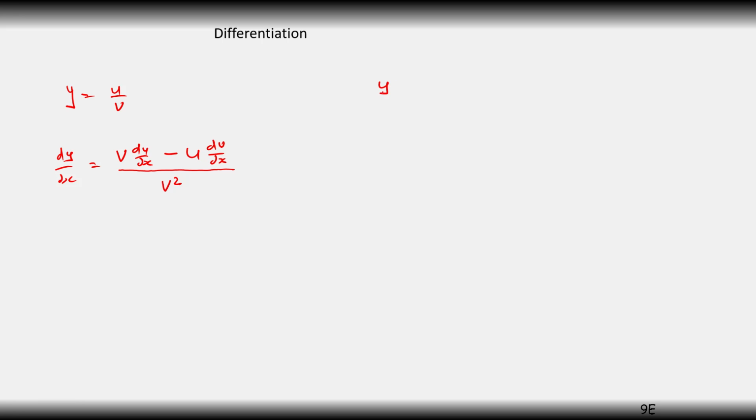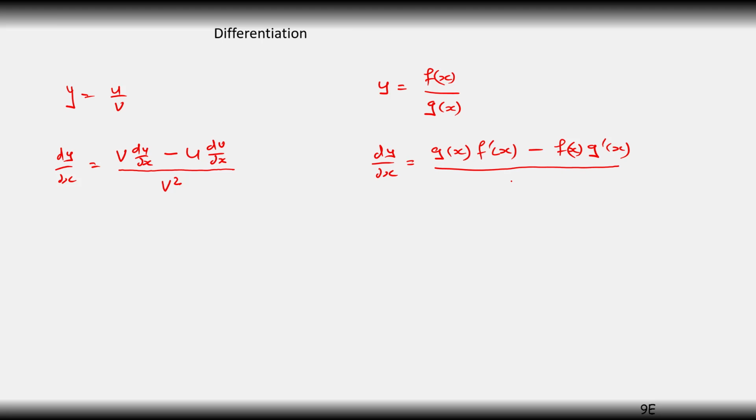However, if you had y is equal to f of x divided by g of x, then we can say dy over dx is equal to g of x times the differential of the numerator, so f dash of x, minus f of x times g dash of x, all divided by g of x, all squared.